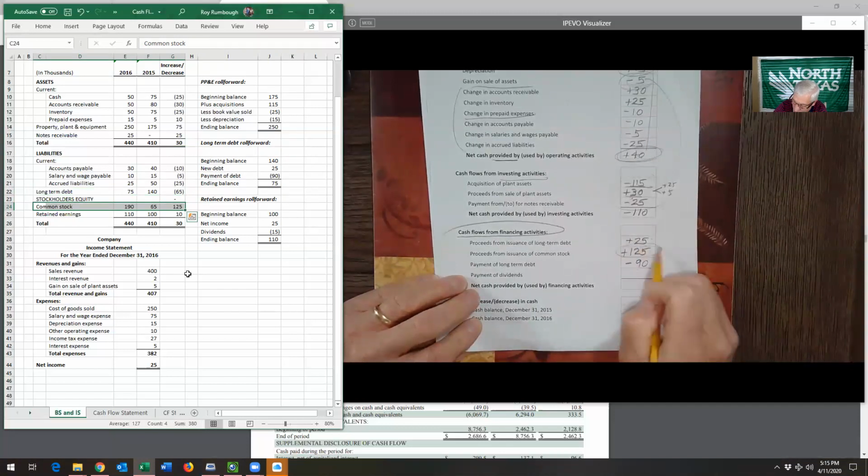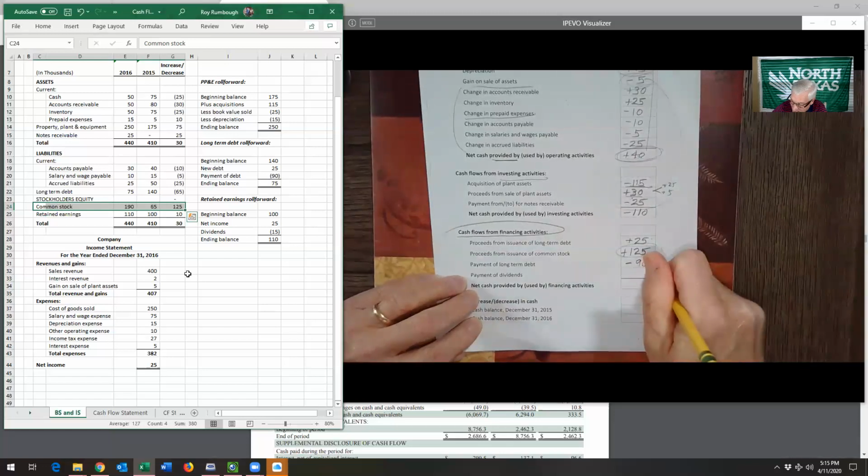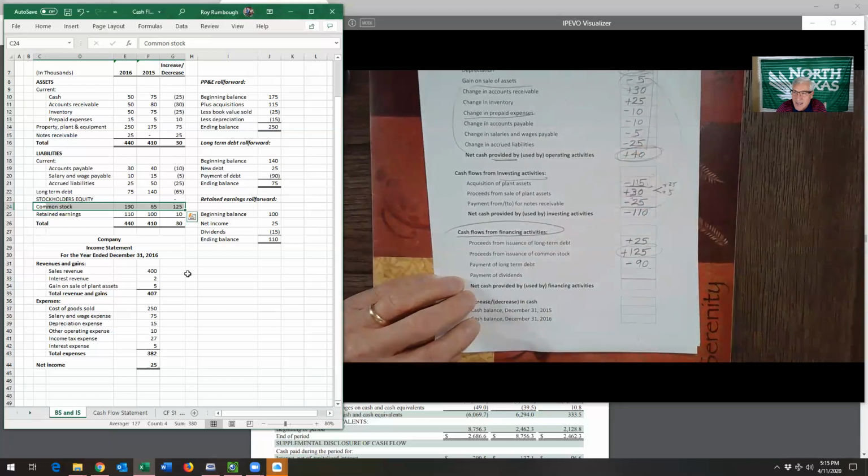So that's where they're getting their money to pay down debt, number one, and also to buy those assets. So they issued new shares. Now, the old shareholders might want to be concerned because now they own a smaller percent of the company because there's new owners, to the tune of $125,000 of new common stock.